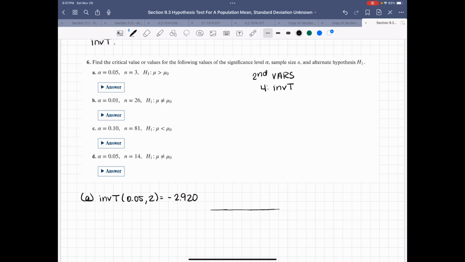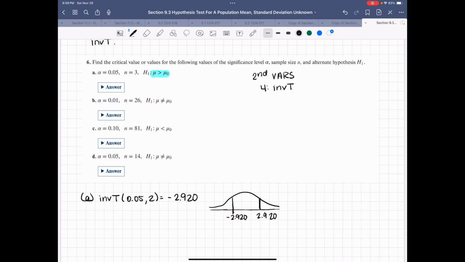So if it's a negative, then that means it's on the left, guys. Oops, we need to redraw that. Okay, so you're getting something like right here. This is negative 2.920. But our problem says that we want it greater than, not less than. So we don't want it to the left, we want it to the right. So this means that that critical value should be here on the right at positive 2.920.